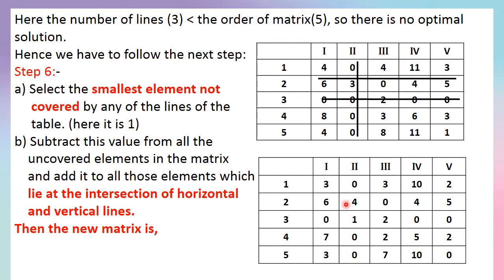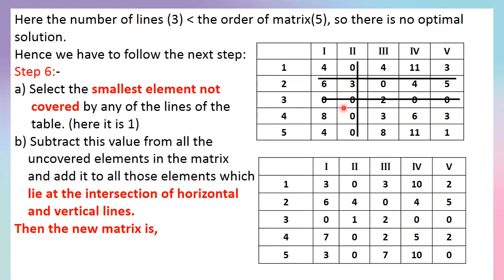So the new matrix obtained is 3, 0, and the remaining elements along this line, that is 0, 0 here, 1, 6, 3, 0, 0, 4, 5, 2, 0, 0. All these elements will be as they are. Only from the uncovered elements we have to subtract this one, and for the elements in the intersection we have to add this one.